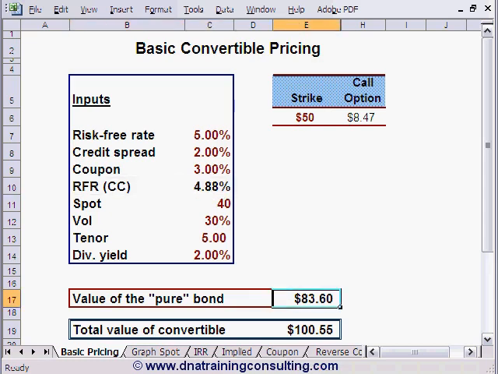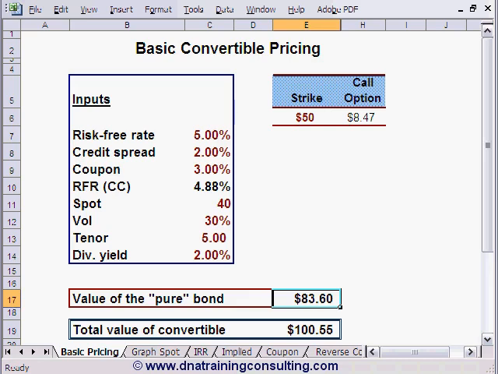This cell here, E17, uses the PV operator in Excel to determine the value, specifically 83.60, of a 5-year bond with a 3% coupon paid annually and bearing the senior unsecured credit risk of company ABC.